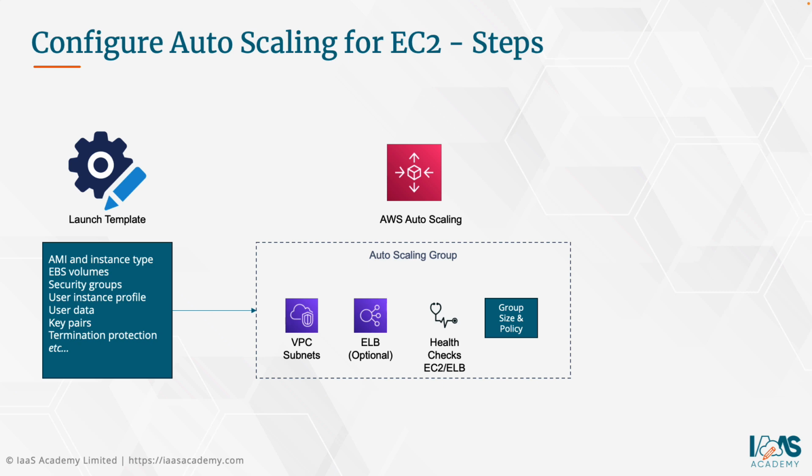And what this essentially means is that you define all of the necessary parameters for when a particular instance is considered unhealthy and when it's considered healthy. Finally, you define the actual auto-scaling group. So this is where you set your minimum, your desired, and your maximum capacities, and any scaling policies. So for instance, if you're going with scheduled scaling or if you're going with dynamic scaling, then you might also want to consider whether it's target tracking dynamic scaling or step scaling and so on.